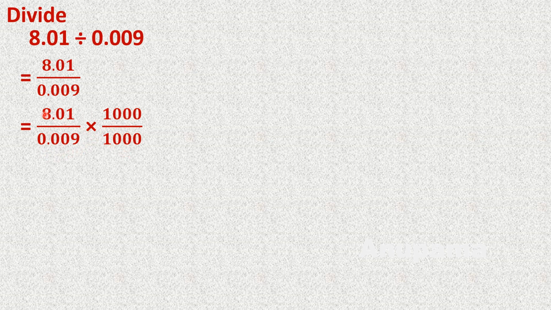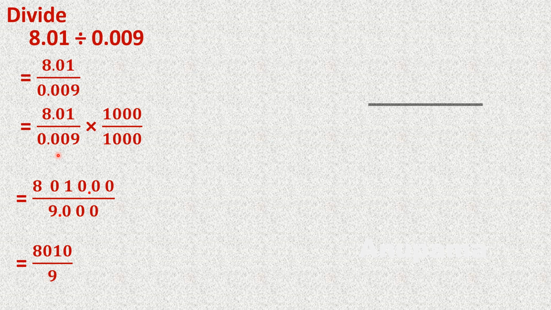Now we will multiply the numerator part and the denominator part. So what will we get here? We will get 8010.00 in the numerator and 9.000 in the denominator, or we can write it like this, 8010 by 9. Now it is very simple to do.